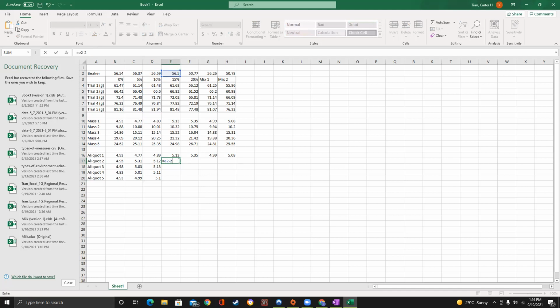E5 minus E2 minus E10. Do F equals F5 minus F2 minus F10.